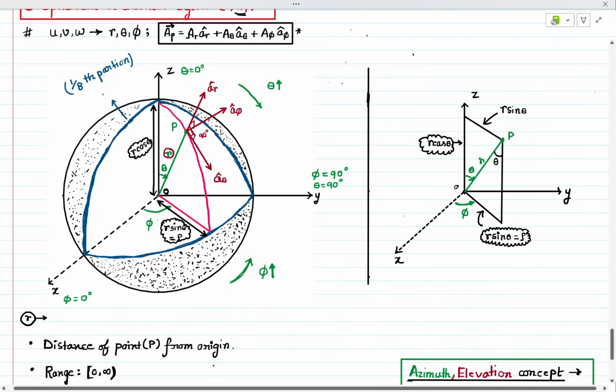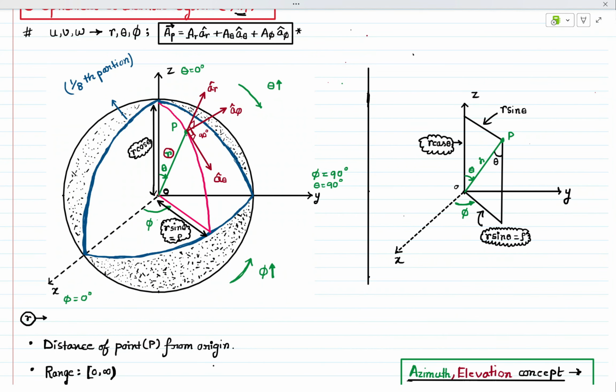I can say that phi is the angle which has been made in the xy plane with respect to the x-axis. Theta is the angle that is made by this point vector p from the z-axis. So that's what phi is.